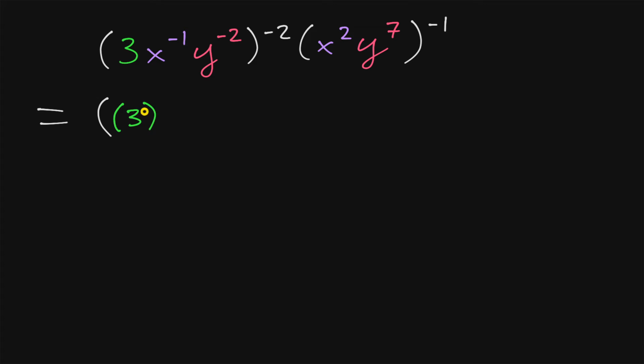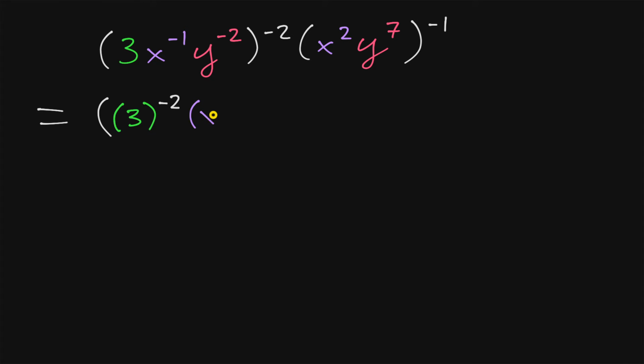So I'm going to write 3, and now I'm going to raise it to the power that is outside of the bracket, as that exponent law allows me to do. So I'm going to raise it to the power of negative 2. And now I'm going to do the same thing for x^-1.